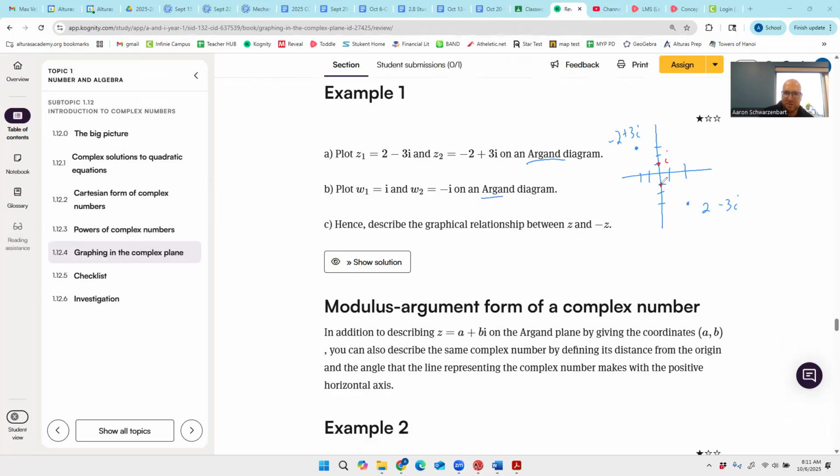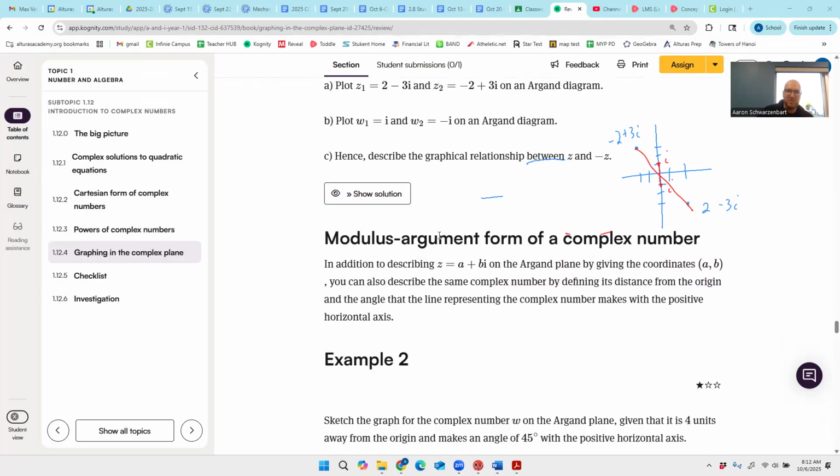What do you notice about these relationships? They're like 180 degrees. It's a 180-degree rotation. Yep. The opposites, z and -z, are 180 degrees from each other, with opposite signs.